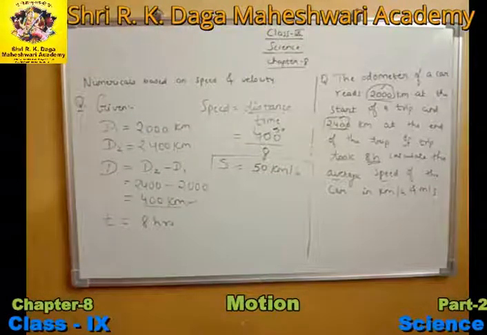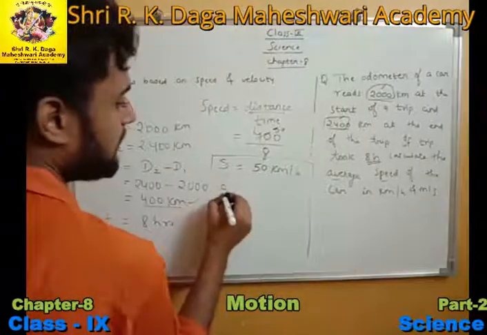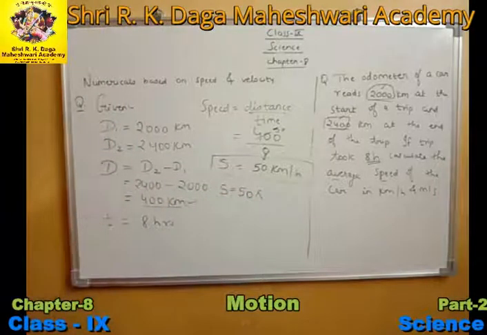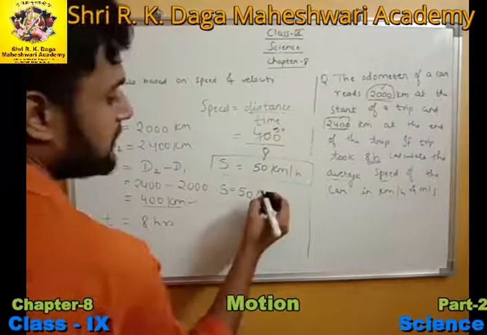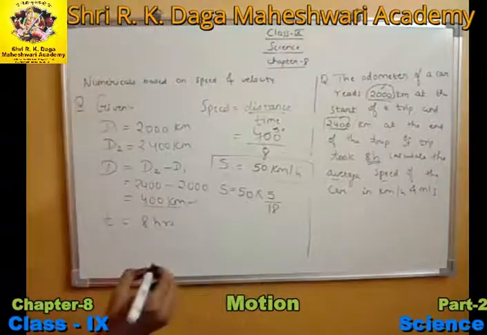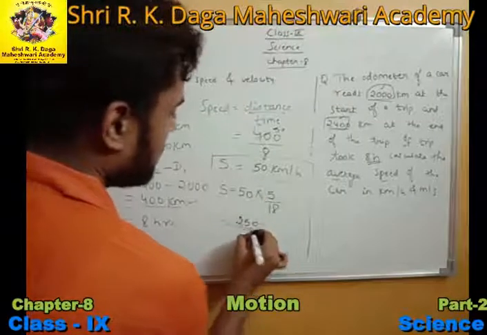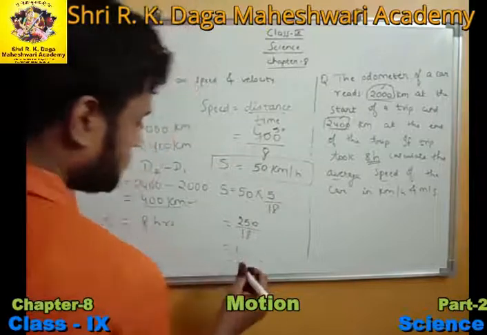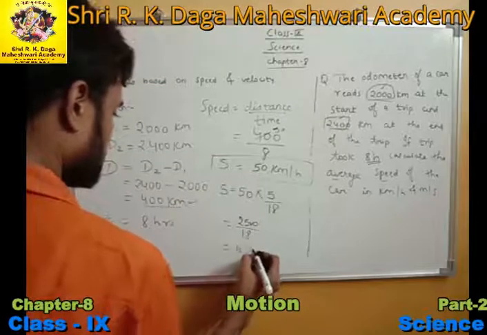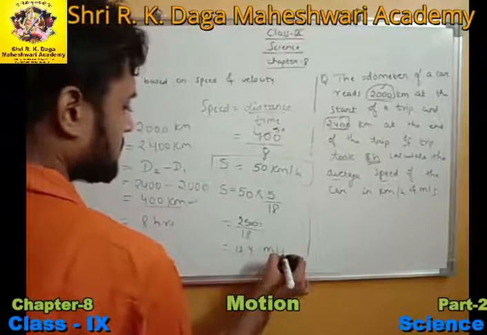Now we have to convert this speed into meter per second, and we have just discussed that whenever we have to convert the speed from kilometer per hour into meter per second, we multiply this speed with 5 by 18. So on solving, 50 into 5 is 250 divided by 18, which is 125 by 9 meter per second.